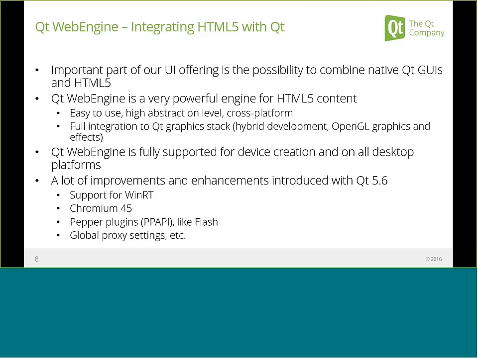So now you can use them with Web Engine as well. Web Engine also respects the global proxy settings of your Qt applications, and then there are all kinds of lower level APIs added and a lot of detail level features which I'm not going to go through here. But anyway, Web Engine is a really active project for us, and hopefully serving you better and better with every release.